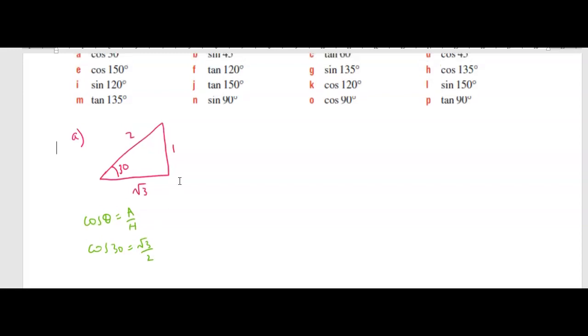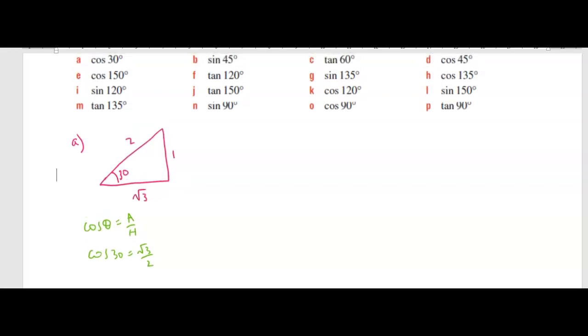Now, if we were to do something like E, which is cos of 150, this is where you need to use your knowledge of the unit circle. Okay, so if we draw the unit circle, now 150, we're going to be in the second quadrant. So we're here. So remember this angle here is 150, which makes this angle in here 30 degrees. So remember we did this back in 4i, so that's same as this angle here, which is 30.